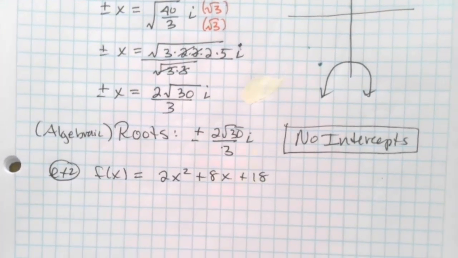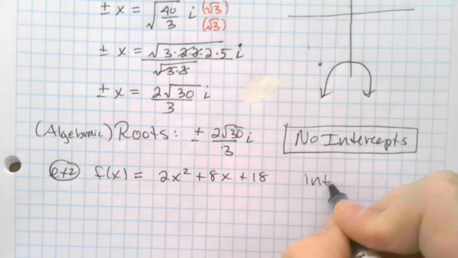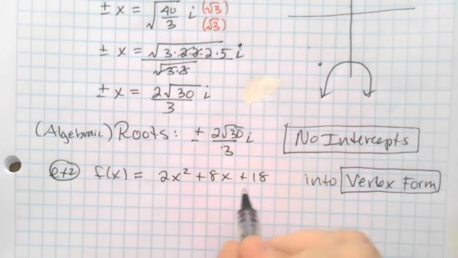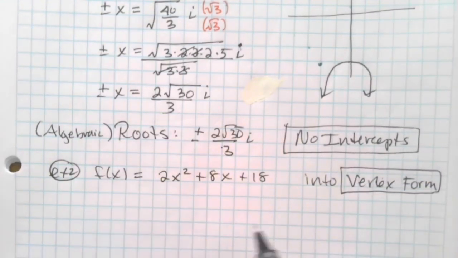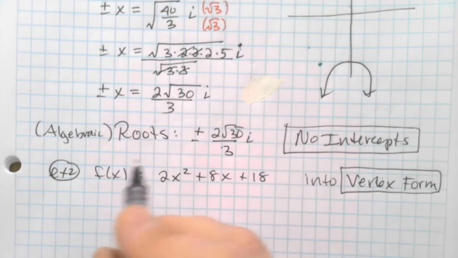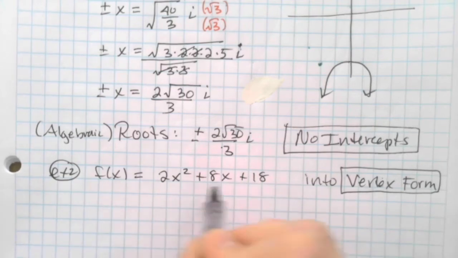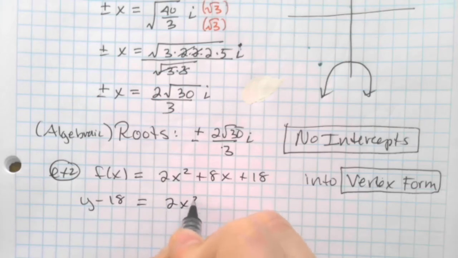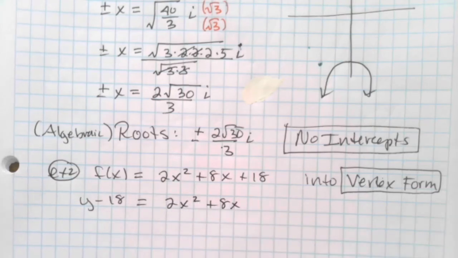Okay, so to put this into vertex form, which is your first job on your list, I'm just going to change this to y. We're going to subtract the number over to the left. So y minus 18 equals 2x squared plus 8x.